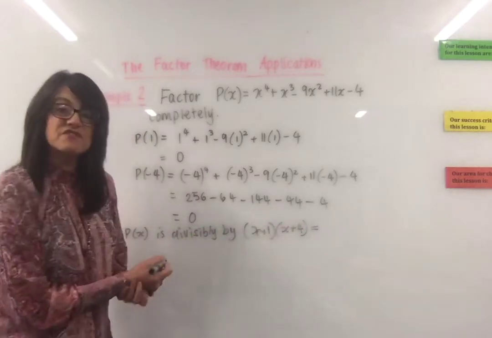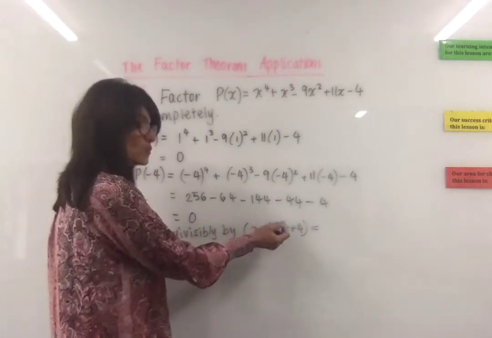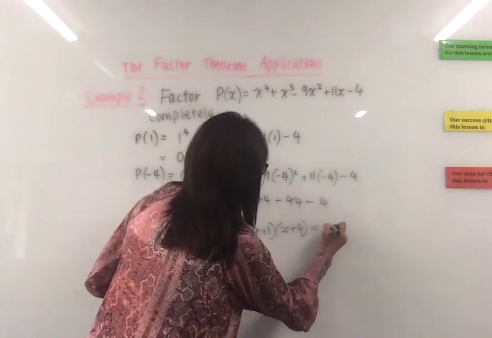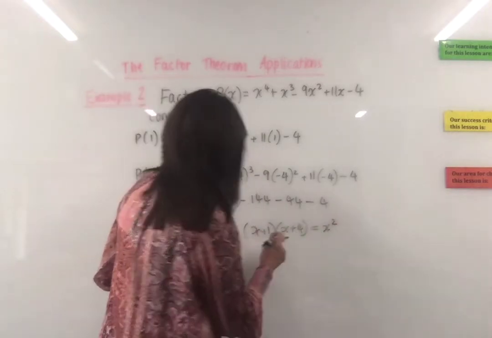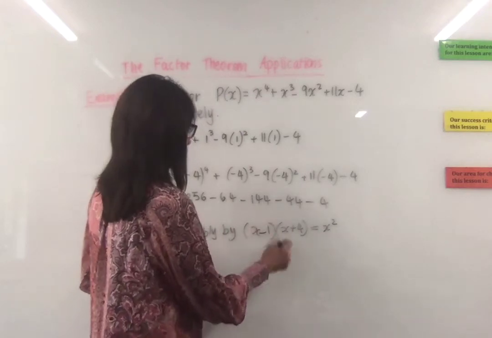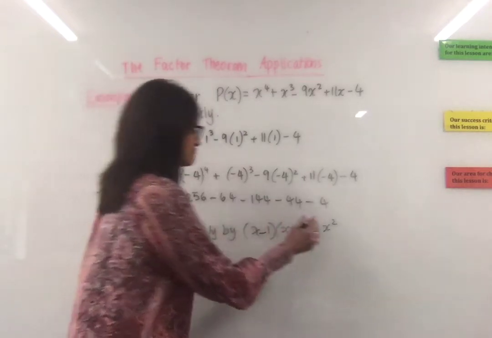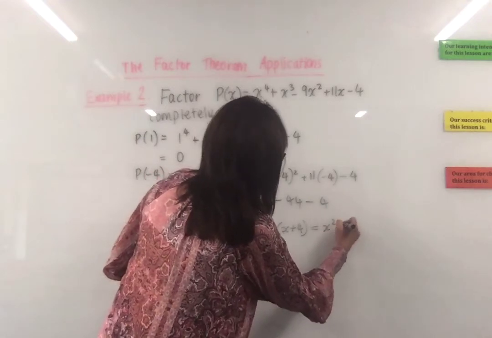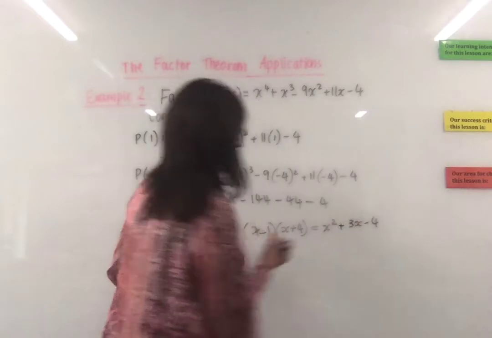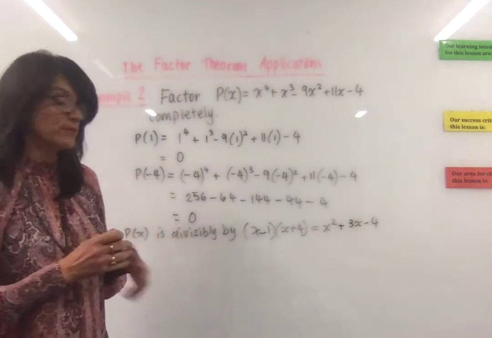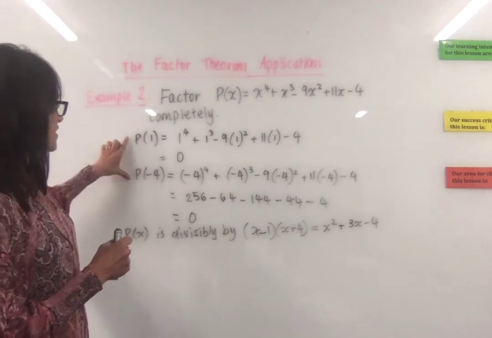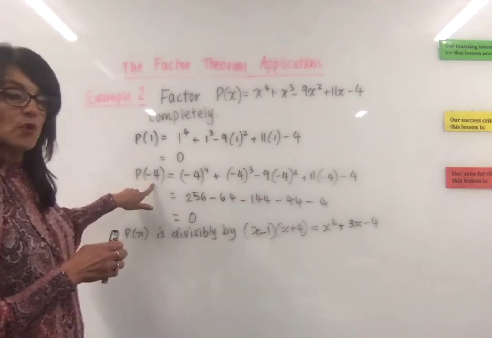Now, if it's divisible by these two factors, then it's also divisible by the product of these two factors, which is, if we expand this, x minus 1 times x plus 4, x squared plus 3x minus 4 is the product of those two binomials, of which the factors were 1 and -4.